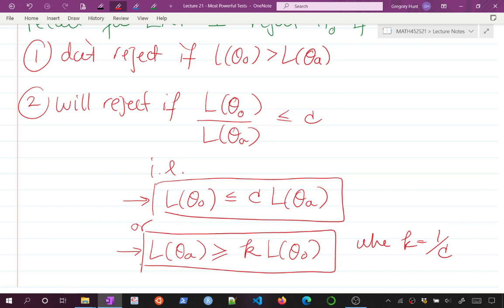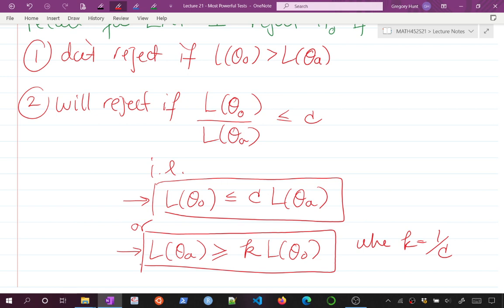So in this simple hypothesis, which is the simplest place to start when trying to develop the most powerful test, our likelihood ratio test just boils down to evaluating the likelihood at my 2 points, the one point in the null and the one point in the alternative, seeing if the one in the alternative is many more times likely than the one in the null, and therefore I reject in that case.